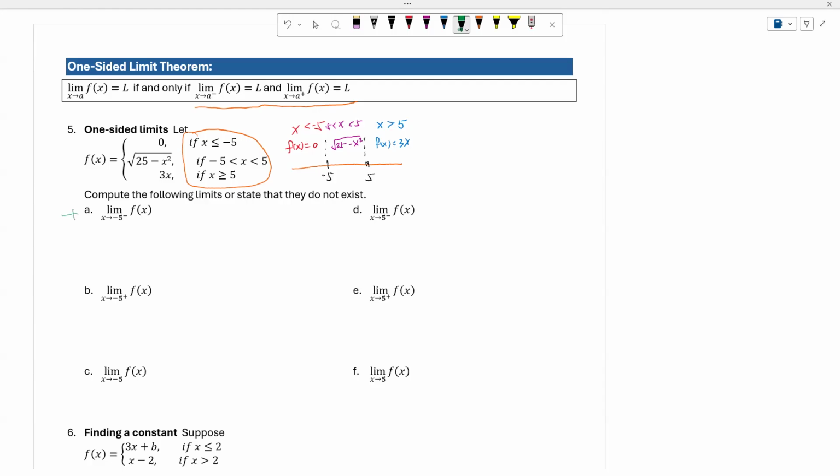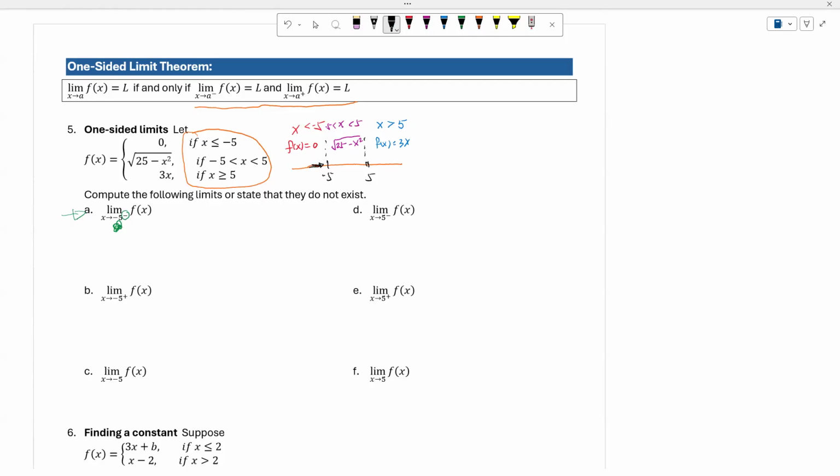So now, let us look at A. For this A right here, we look at x approaching -5 from the left. x approaches -5 from the left.